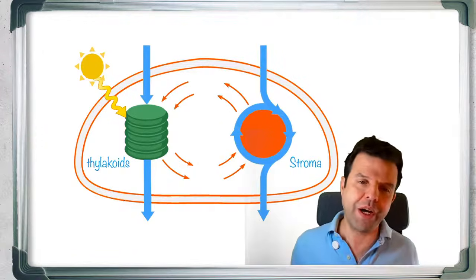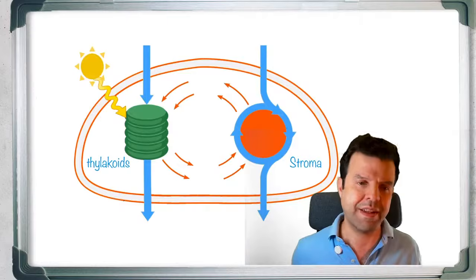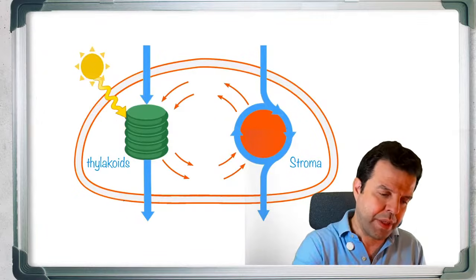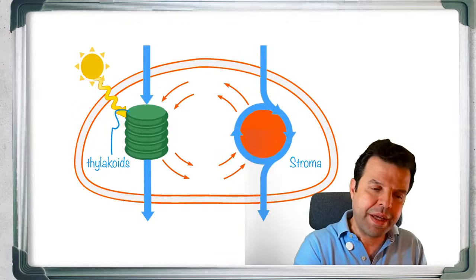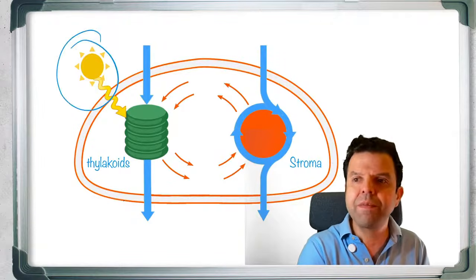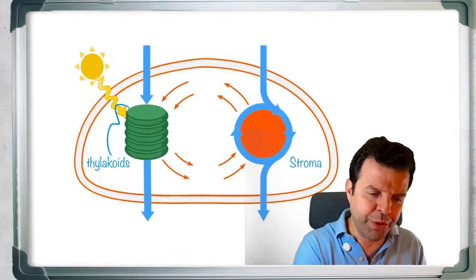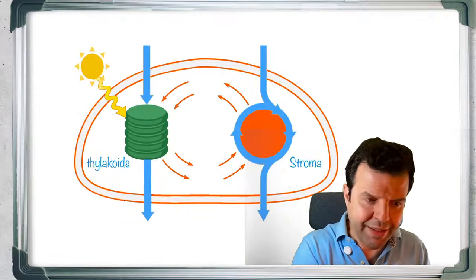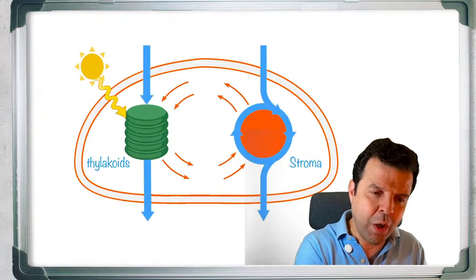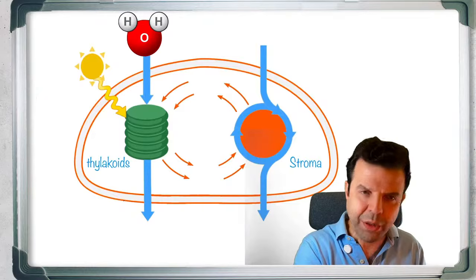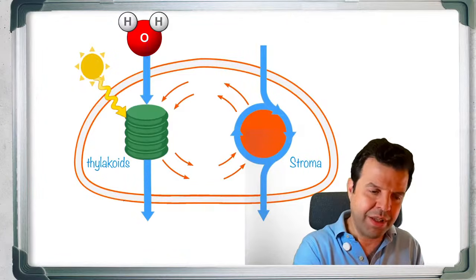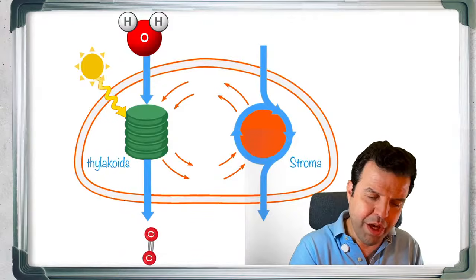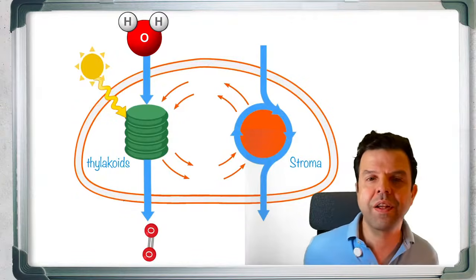The one on the right is the light-independent reaction. So again, here I have the granum and I have light being absorbed by chlorophyll. My reactant here is going to be water, okay? The water enters this reaction and comes out from the other end as oxygen.